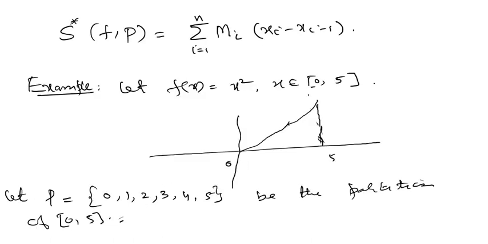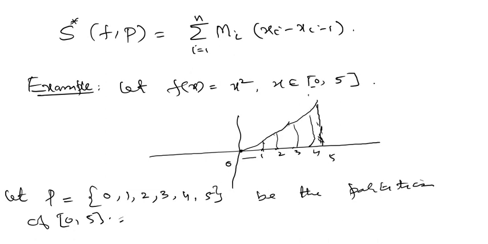So these are the points, so this is 1, this is 2, then 3, then 4 and 5. Actually this is a lower Riemann sum. Lower Riemann sum means you are taking the infimum. First you are taking the infimum m1 which is 0, so 0 into this length, that's the area of this, which is equal to 0.